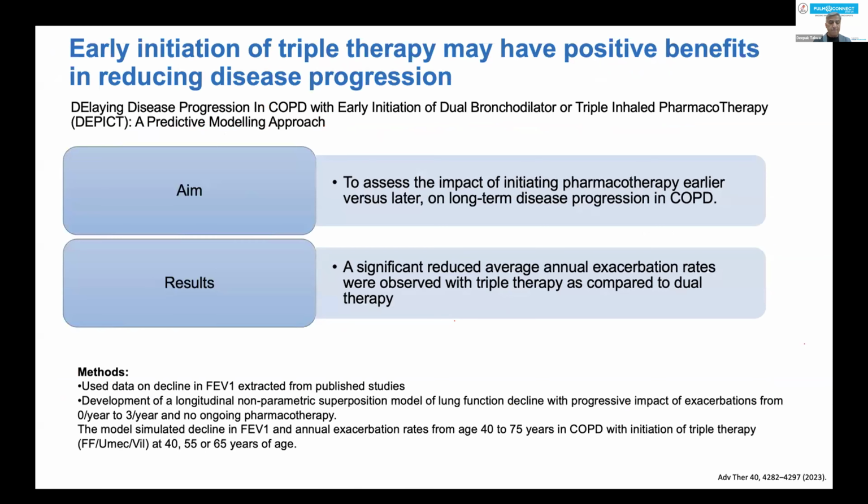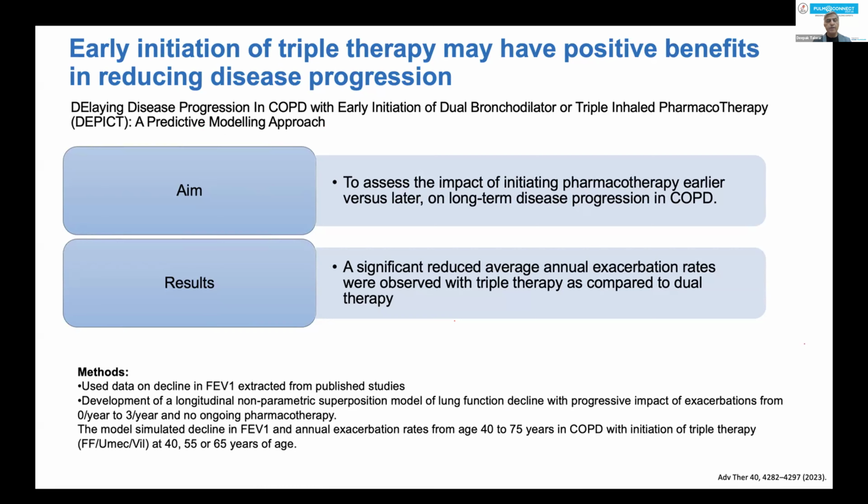So the emphasis in GOLD 2026 is early initiation of triple therapy in order to reduce the disease progression in the right group of COPD patients. And this study tried to look into it, the data, which showed that there was a significant reduction in average annual exacerbation rates in patients on triple therapy vis-a-vis dual therapy.